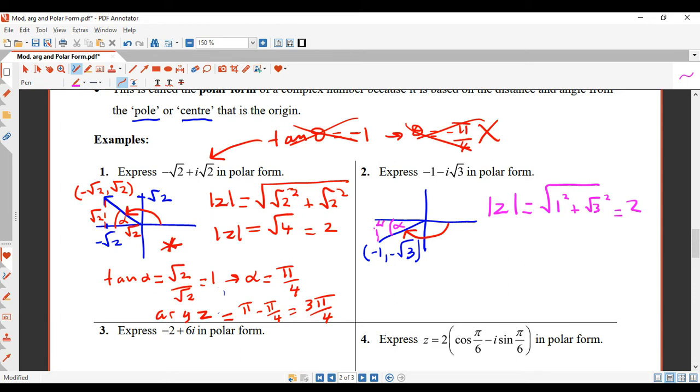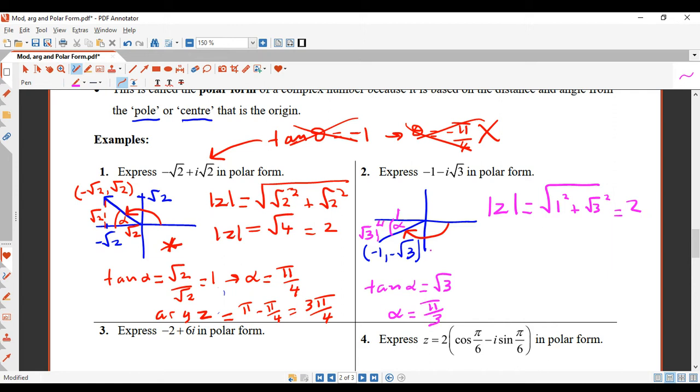I'm going to use this right angle triangle. Now, this distance here, that's root 3. That's a distance. And this distance here will be 1. All right. So we know that tan alpha is equal to root 3 over 1, which is just root 3. Okay, now if you work that out, that's going to be 60 degrees, which is just pi on 3.